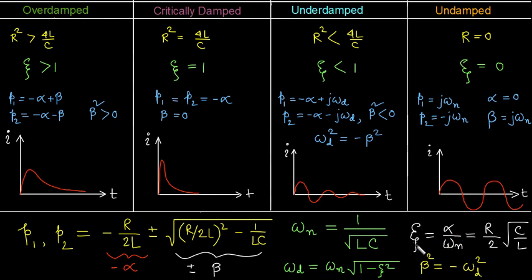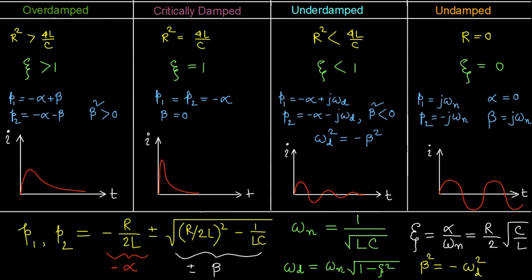The value of zeta in terms of R, L and C is given by this relation: zeta equals R by 2 times root C by L. And the damped frequency of oscillation omega d equals the natural frequency omega n times root of 1 minus zeta square, because beta square equals minus omega d square.